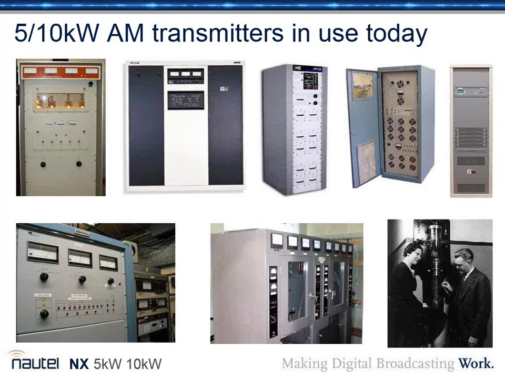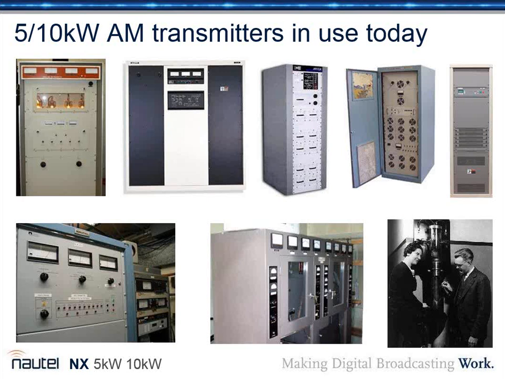I've got kids younger than some of the designs that are currently sold as current designs, and of course there's even some really antique stuff out there. The lower right-hand corner is probably an exaggeration, I hope, but there is some older stuff out there. And one thing that's very interesting to understand is that the efficiency of these transmitters varies wildly.